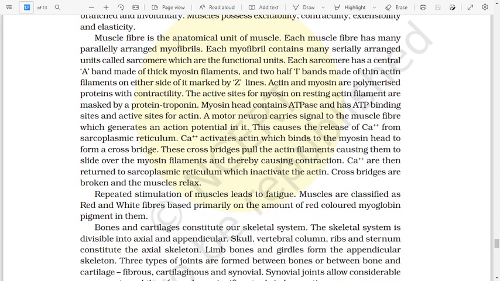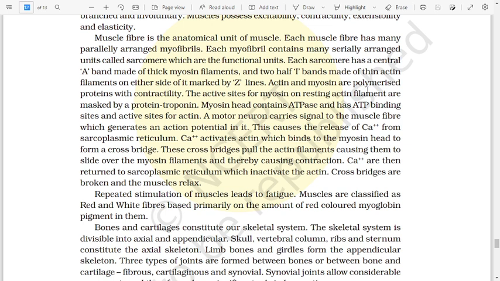Muscle fiber is the anatomical unit of muscle. Each muscle fiber has many parallelly arranged myofibrils. Each myofibril contains many serially arranged units called sarcomeres, which are the functional units. Each sarcomere has a central A band made of thick myosin filaments and two half I bands made of thin actin filaments on either side, marked by the Z line.